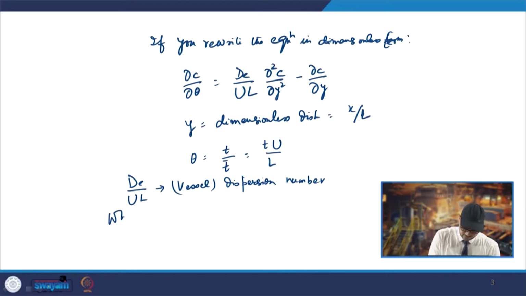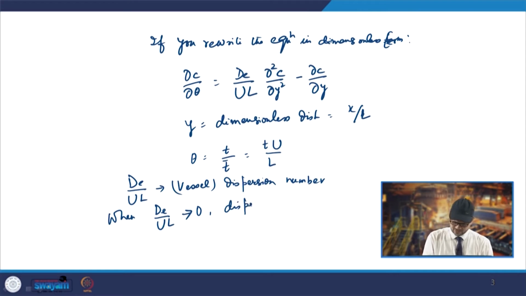When your dE by UL is approaching 0, it means the dispersion is negligible. So, the dE term is negligible, and once it is negligible, you will have the prevalence of plug flow.